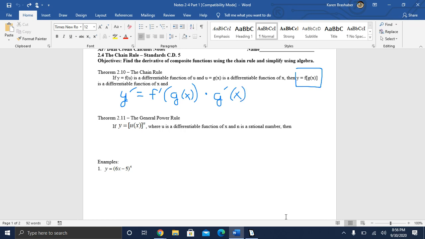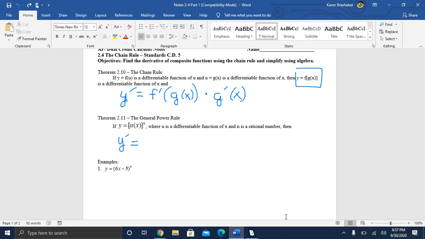So unlike most mathematical operations where you work from the inside out, with the chain rule, you work from the outside in.